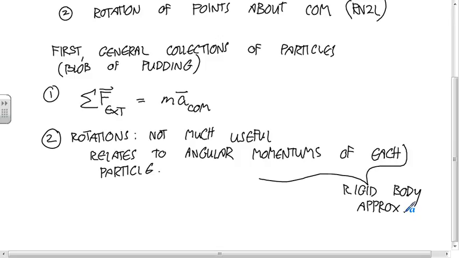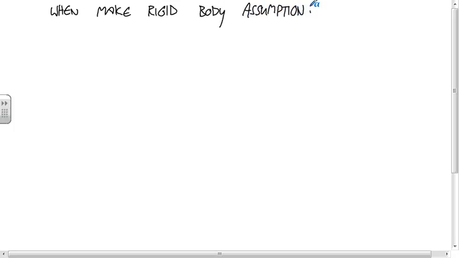And so when we make the rigid body assumption, here's what we know about a rigid body.